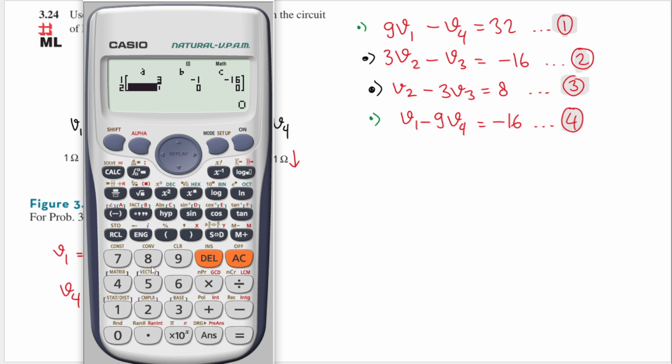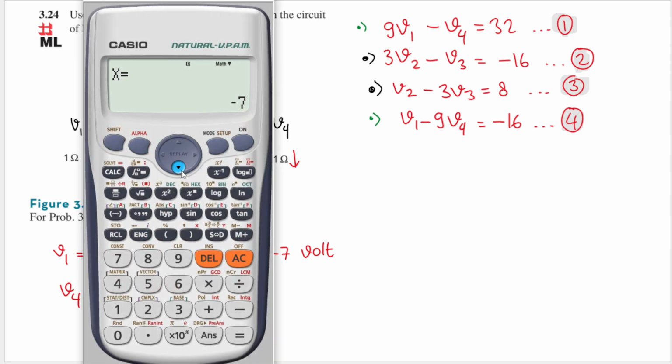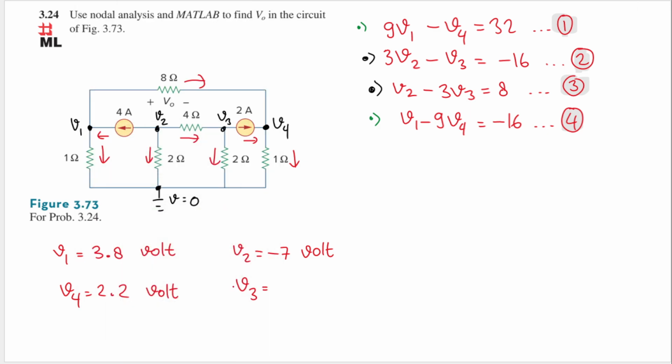And then for this one I will have 1, minus 3, and 8. So P2, V2, is minus 7 volt. And lastly, V3 is equal to minus 5 volt.